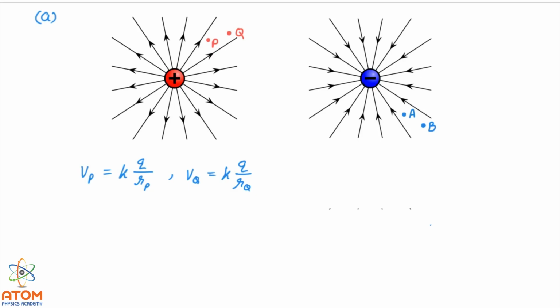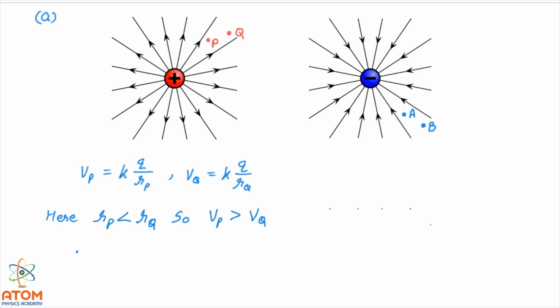Here it's clear from this figure that Rp is less than Rq. You can see the distance of P, that is Rp, is less than the distance of Q, that is Rq. And so we can say, obviously Vp will be greater than Vq from the above equation.